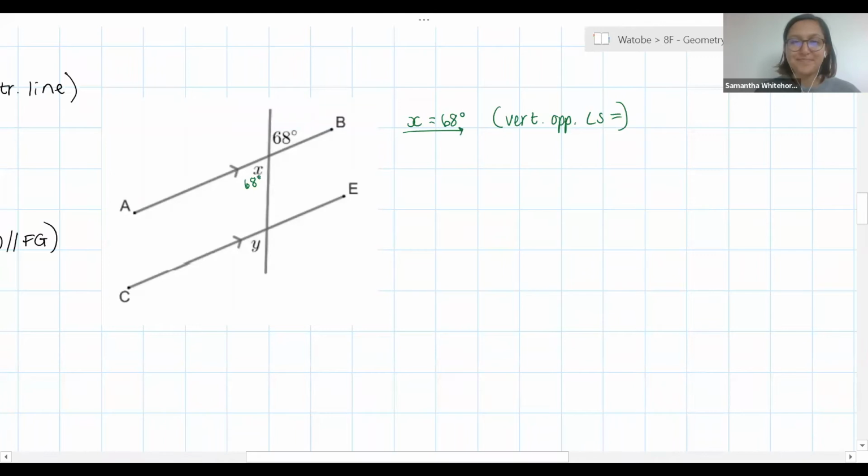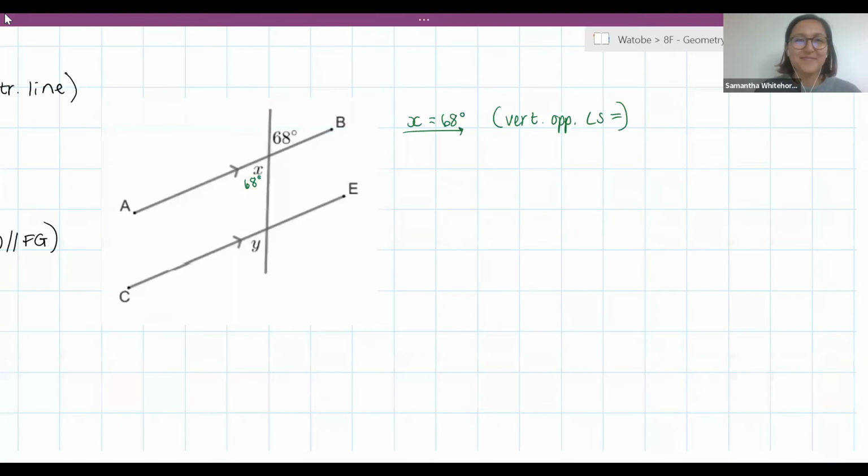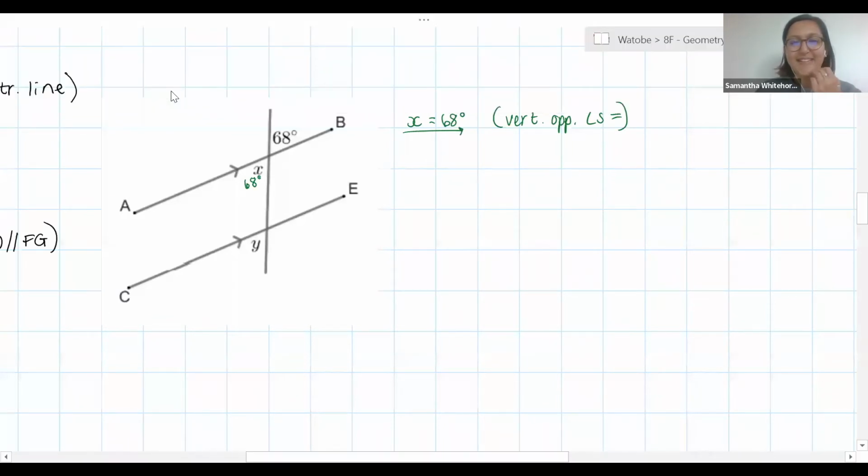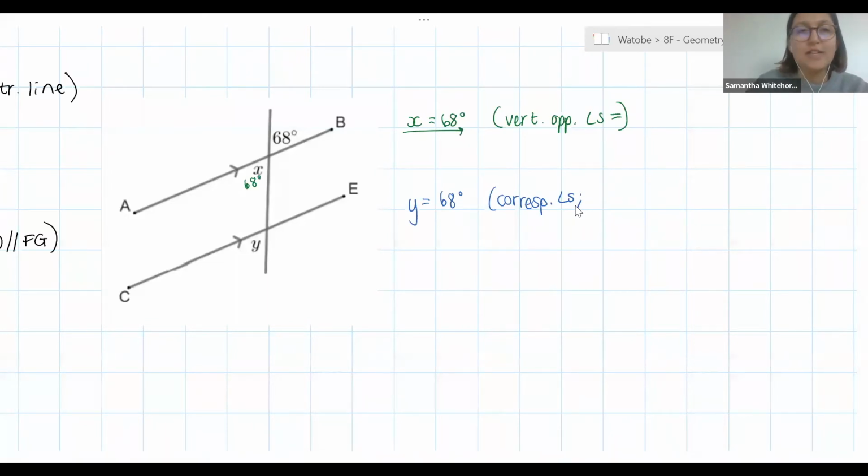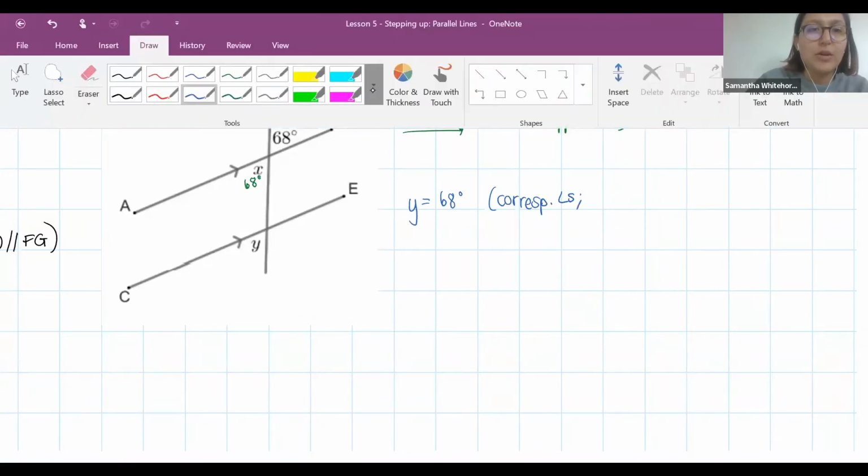Okay, we're going to go to Alizwa. Tell us what Y is and the reason. Y is equal to 68, and the reason is corresponding angles. Awesome. And what are the parallel lines that you're working with here? Angles on a straight line. Okay, sorry, let me rephrase my question. If we are working with corresponding angles, do you agree we're looking at the F shape?